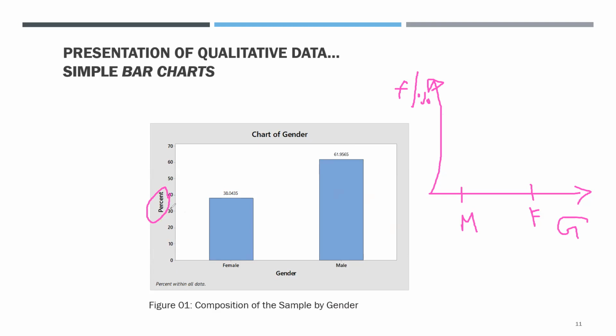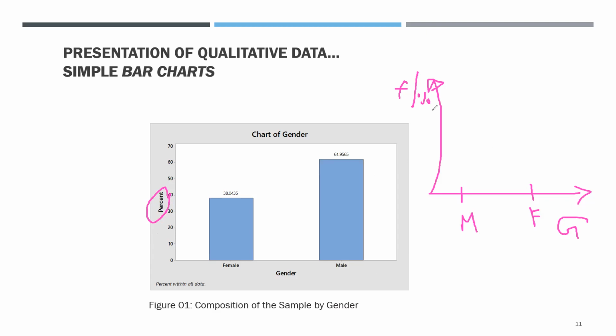If you want, you can put the frequency here. But remember that you have to think about the interpretation. That means you have to think about the audience. What is the most appropriate measure, percentage or frequency? You have to decide that according to your sample size.